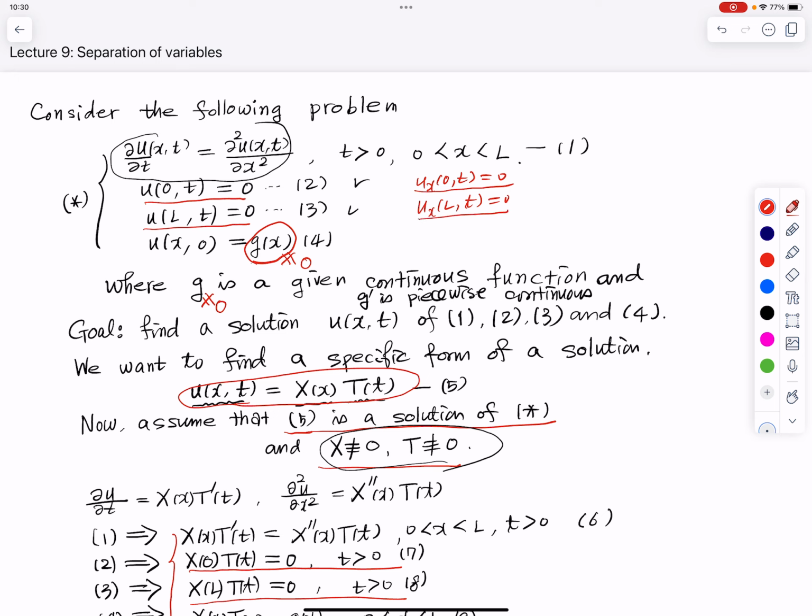And also, using these two conditions, you have 4 different types of problems, right? So let me take 2 prime, this 3 prime. You can take equations 1, 2 prime, 3, 4. Equations 1, 2, 3 prime, 4. Equations 1, 2 prime, 3 prime, 4. So you have 4 different types of problems.